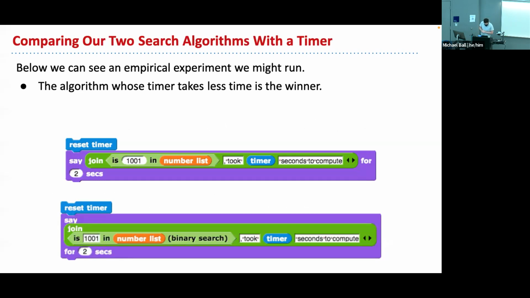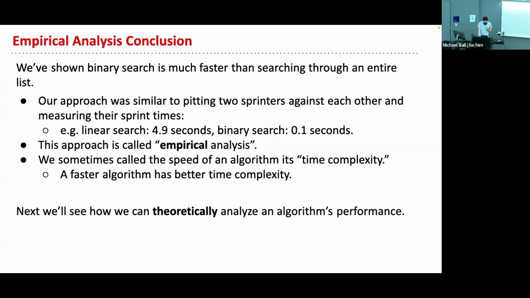So in an experiment, we might want to run these two things side by side and see who's faster. And of course, for the set of inputs, whichever is faster could be the winner.